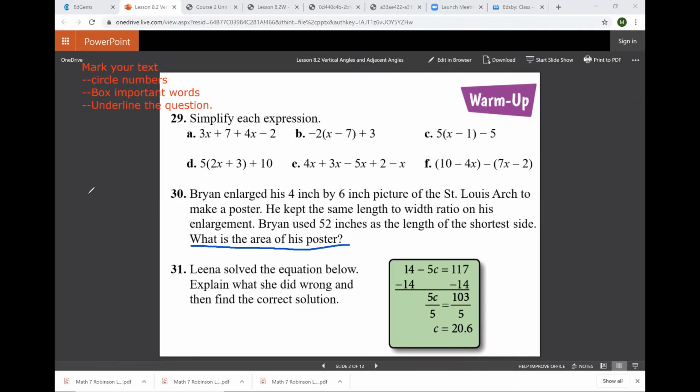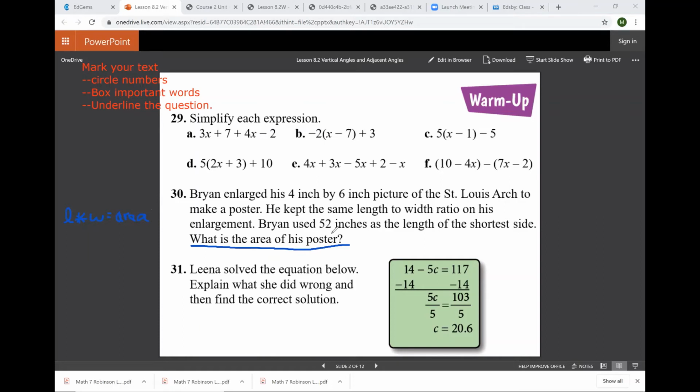Area is length times width. Length, that's an L, times width. Okay, equals area. And so now I gotta figure out what pieces I need. What's the area of his poster?